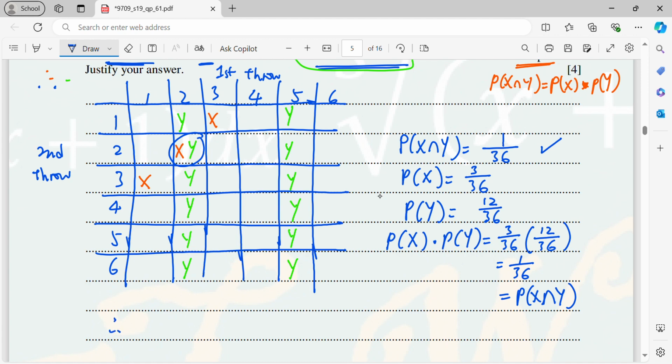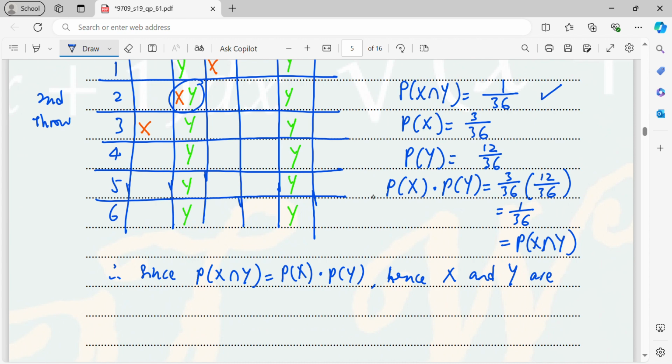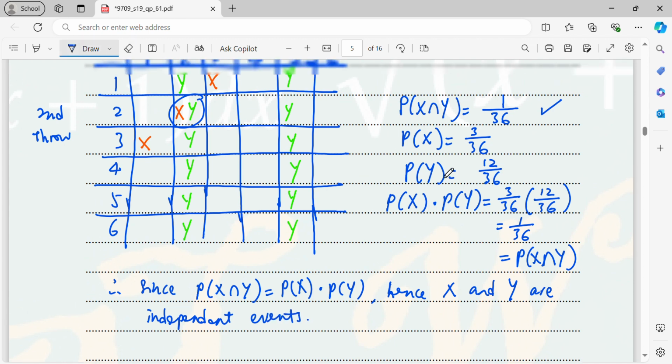So from here, you just write, since P(X intersect Y) equals to P(X) times P(Y), therefore, or hence, X and Y are independent events. Okay, so done for this question.